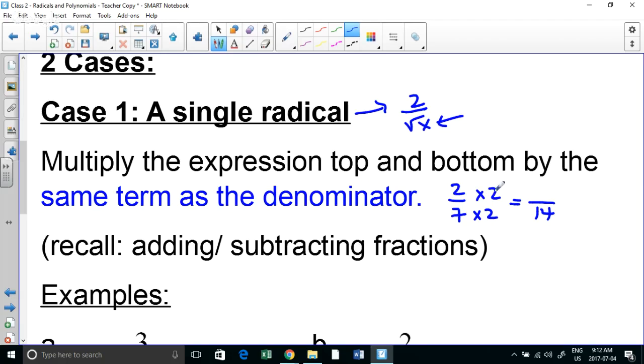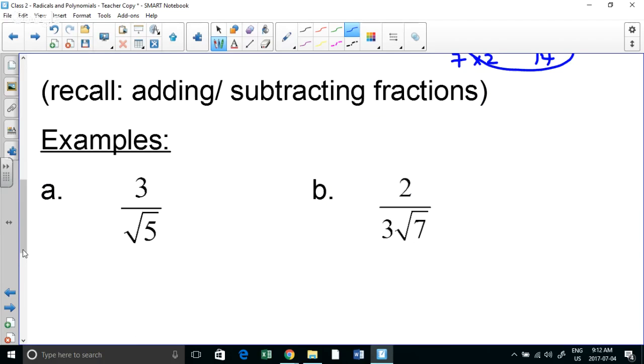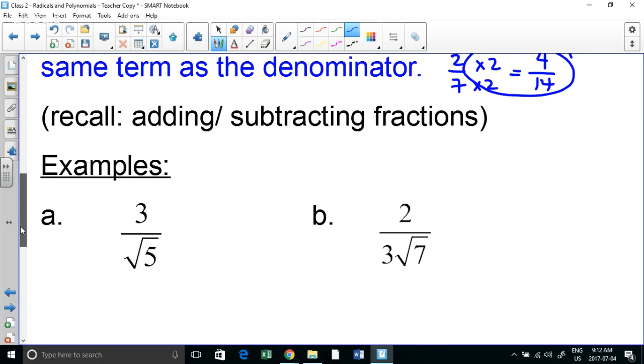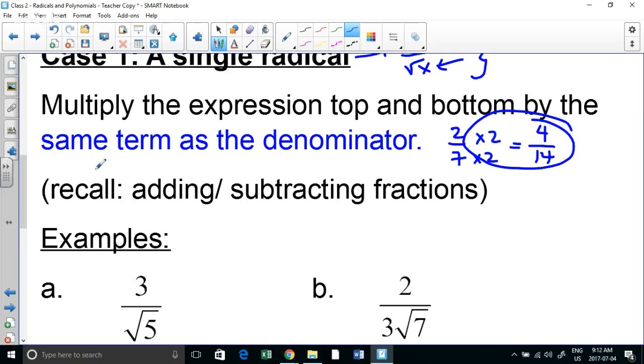So when multiplying the top and bottom by the same thing, I'm not changing the value, and I use the same term as the denominator.